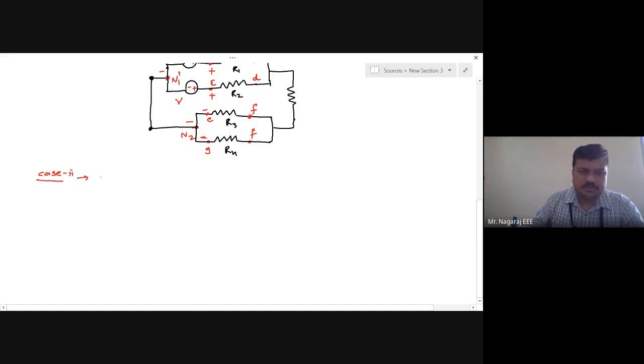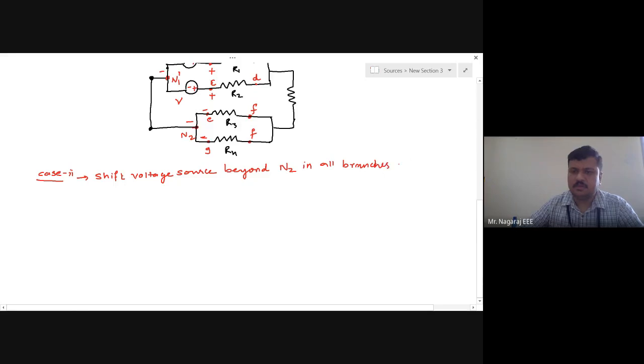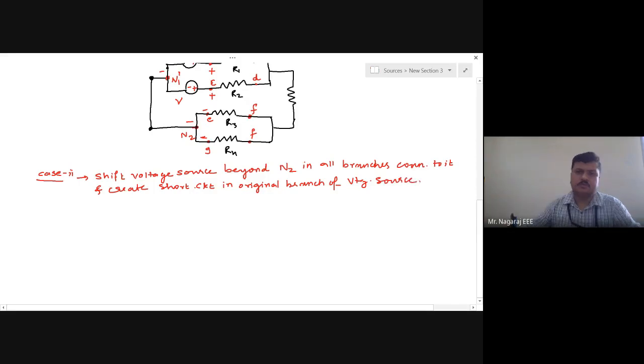Now in case 2, shift voltage source beyond N2, in all branches connected to it, and replace and create a short circuit in the original branch of the voltage source.